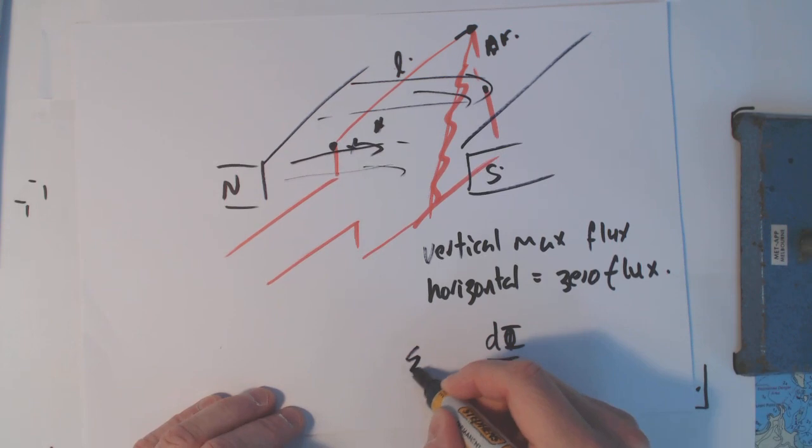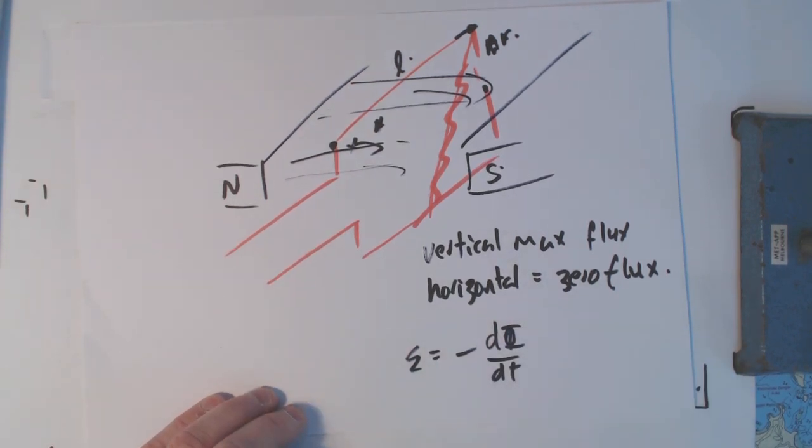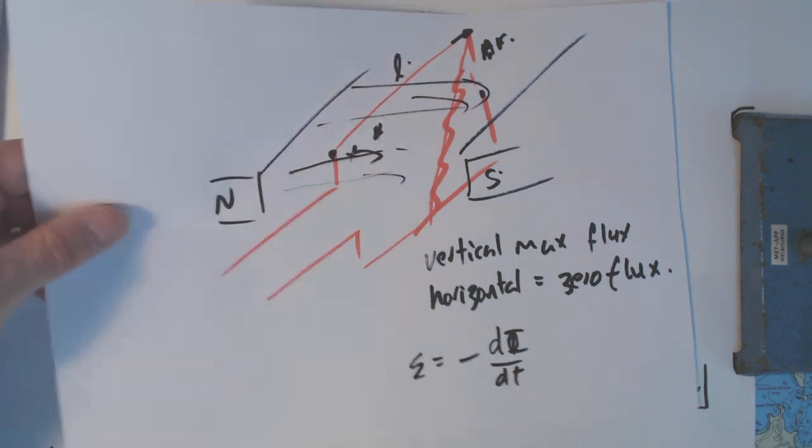It's a negative voltage. Where's the negative come from? Now the negative comes from the fact that the voltage produced is in the direction to oppose the change in flux. Remember, this is Lenz's law. It goes back to that whole one where we were pushing a magnet into a solenoid or pulling it out.